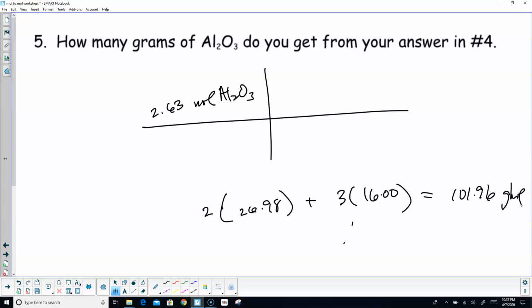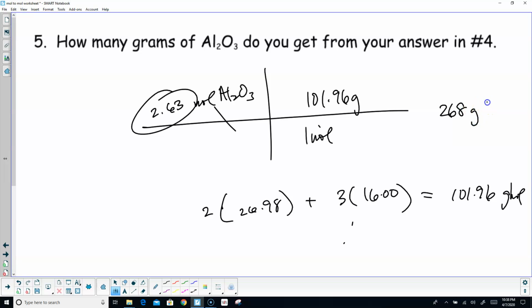Okay, so just like what we did last week, moles go on the bottom. How many? 1 mole. How many grams is that? 101.96 grams. Moles cancel. 2.63 times 101.96. You're going to have 3 sig figs because that's what you had to start with. The answer, 268 grams of aluminum oxide.